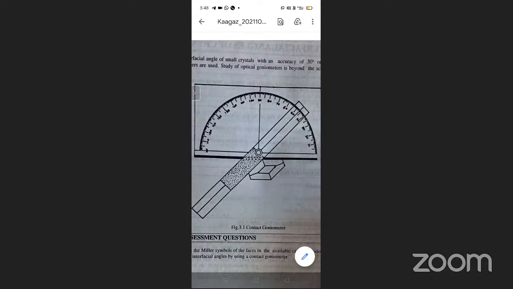We place one of the two faces to rest on the base of the protractor, and the other to rest on the rotatable arm.